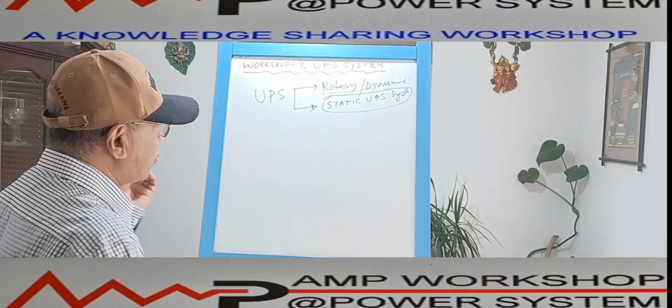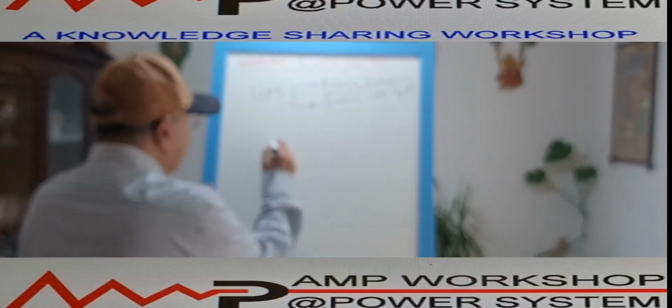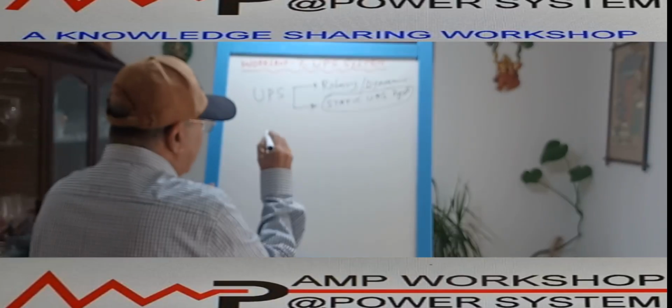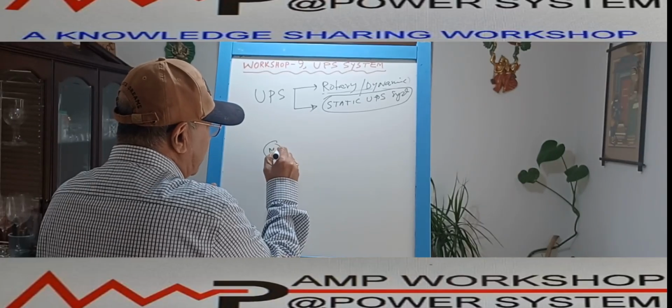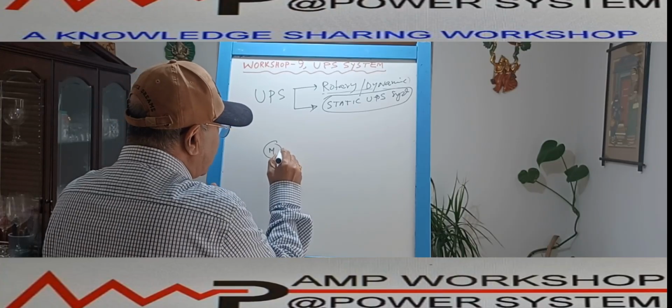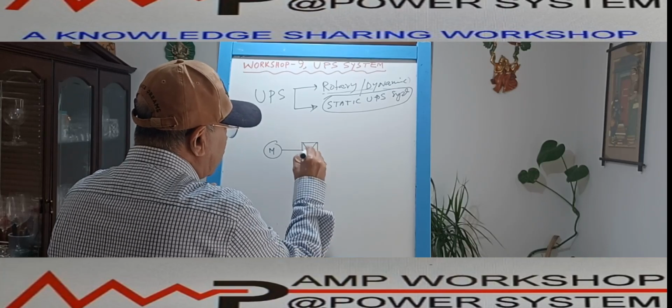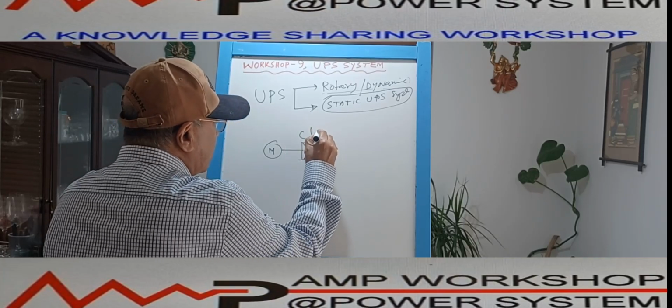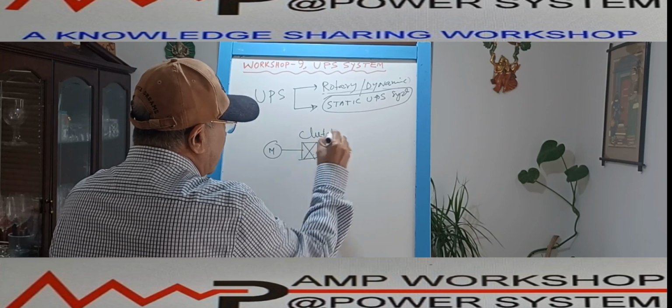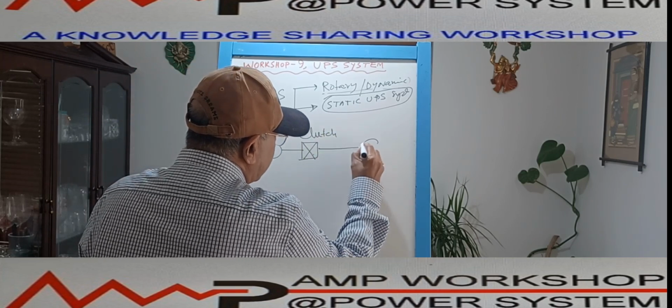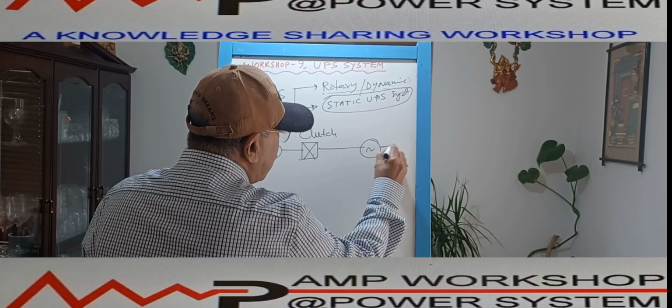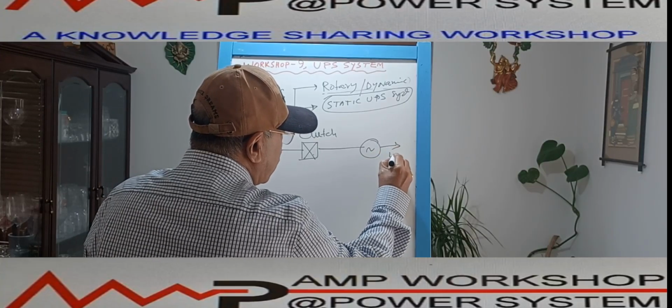If you see the rotary UPS system, there is a motor, and if it is a 3-phase supply, it is an induction motor. This motor supplies through a class system, that is the speed controller, to a synchronous generator which produces power for the load.